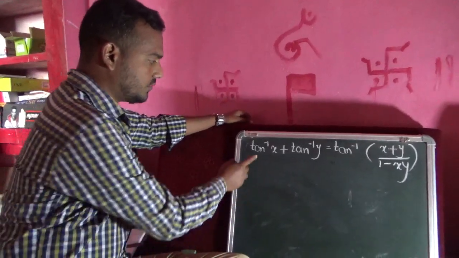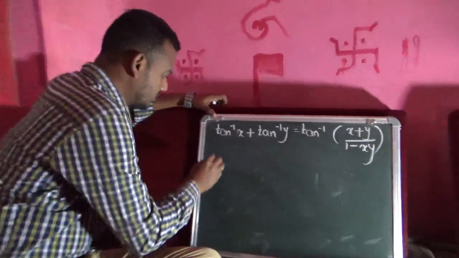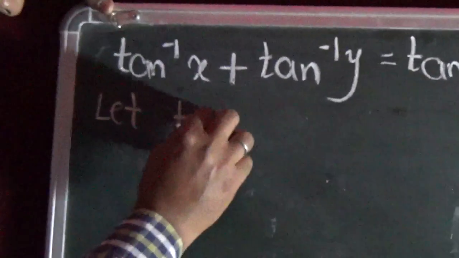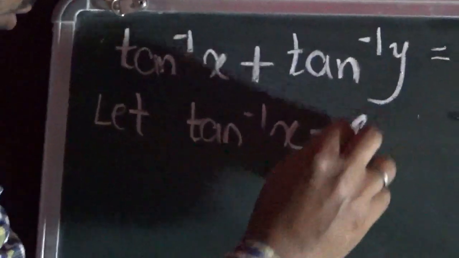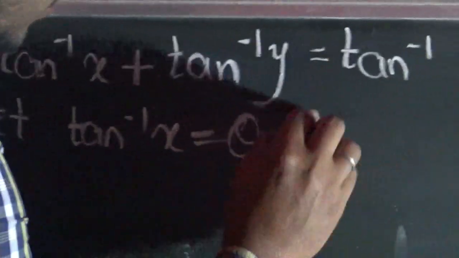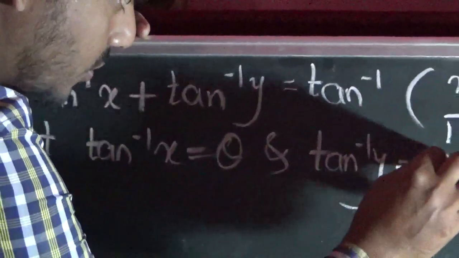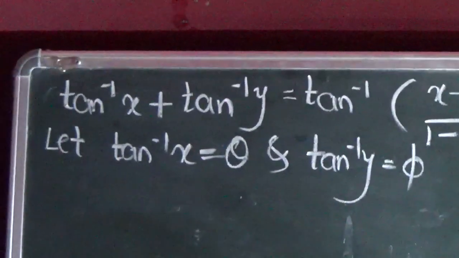If we want to prove it, then let tan inverse x equal to theta and tan inverse y equal to phi.